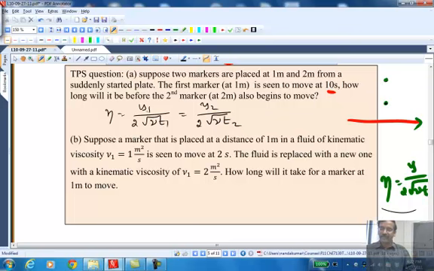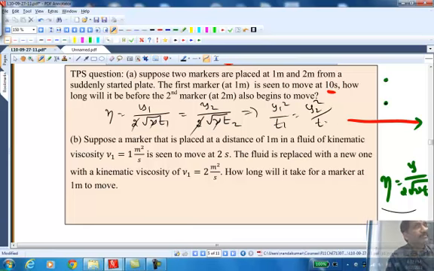That's why I get this equation: y1 over 2 square root of mu t1 equals y2 over 2 square root of mu t2. You can cancel the mu, you can cancel this. So this is the same as y1 square over t1 equals y2 square over t2. I've given you y1, y2, and t1, so solve for t2.